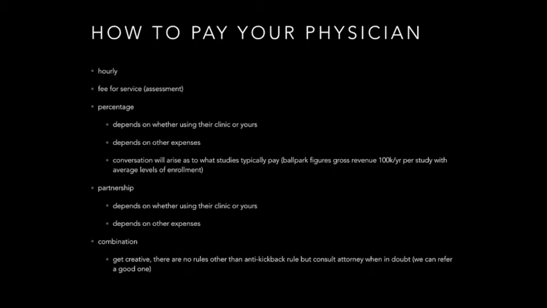So, for example, if in 1 month you receive a check from Pfizer for $10,000 for activity collected, and you're going to learn much more about budgets in another module, not this week, but I'm just going to get into it a little. If you receive a check for $10,000 gross in 1 month from Pfizer for your study activities up until that point, you're going to pay the PI a percentage of that $10,000.